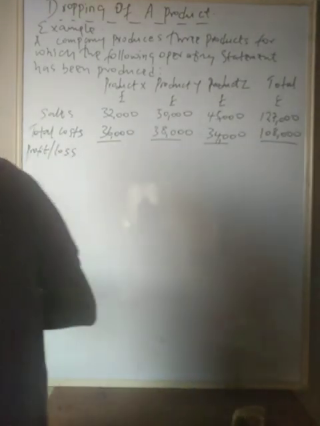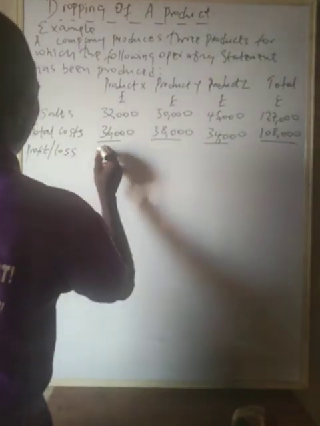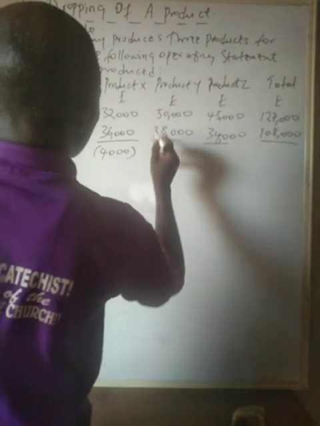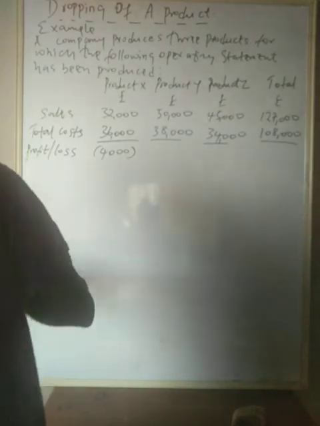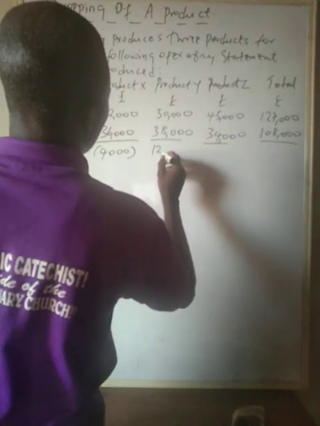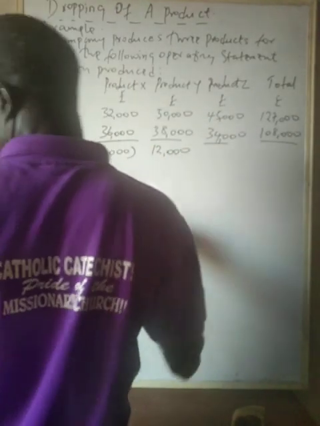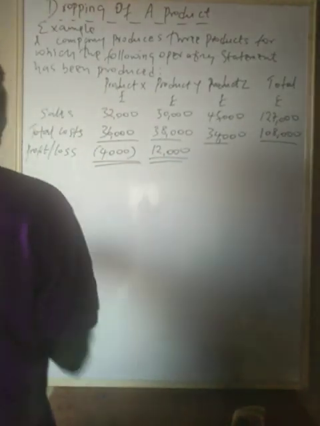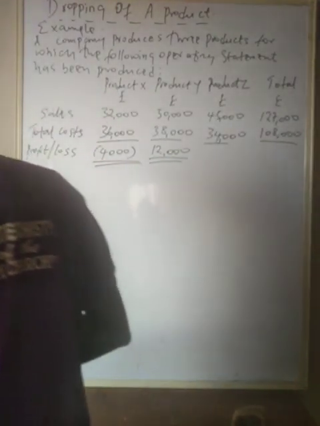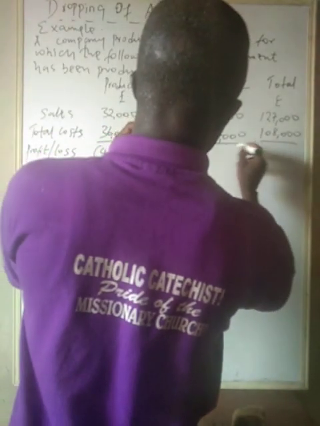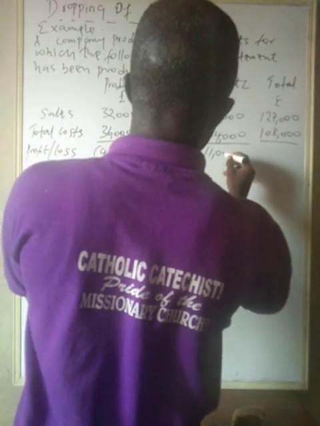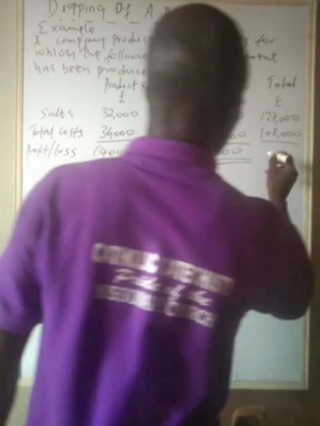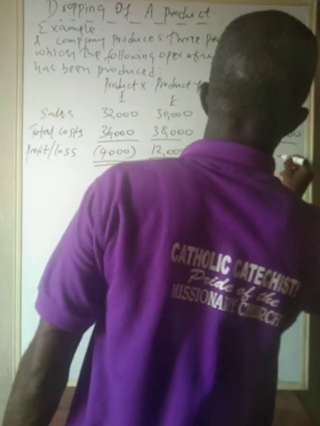For product X you have a loss, for product Y a profit of 12,000, for product Z a profit of 11,000, and 19,000 pounds on the total column.